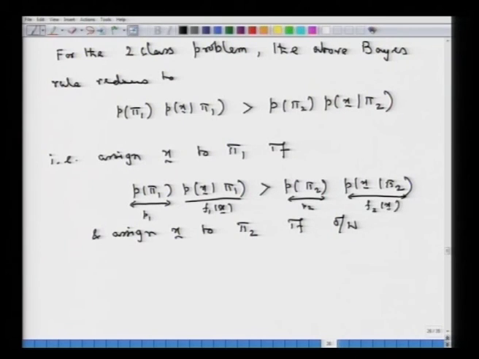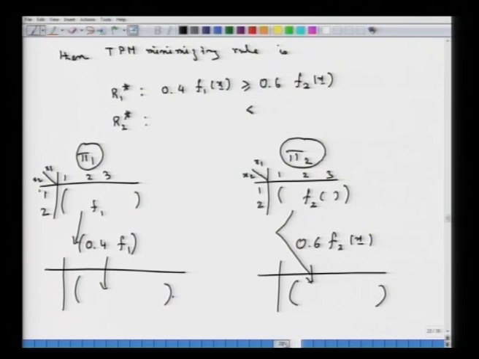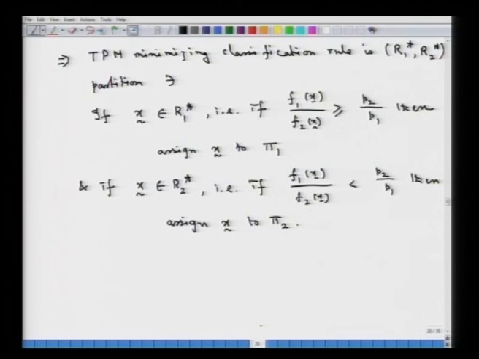So the Bayes classification rule for the two class problem precisely gives us the rule which we had obtained, which was minimizing the total probability of misclassification. It is basically the region wherein we have got this.